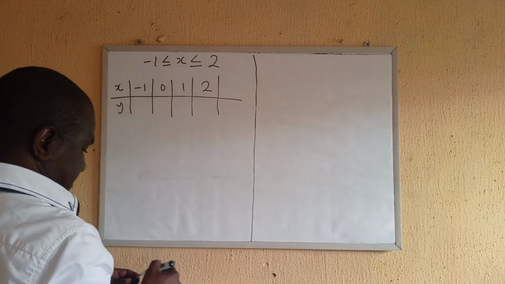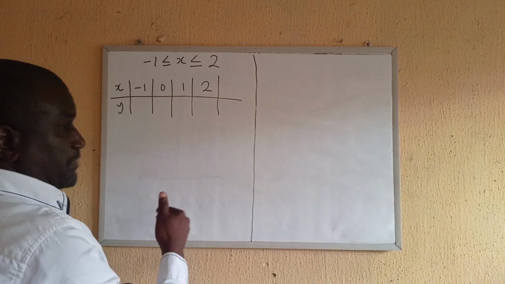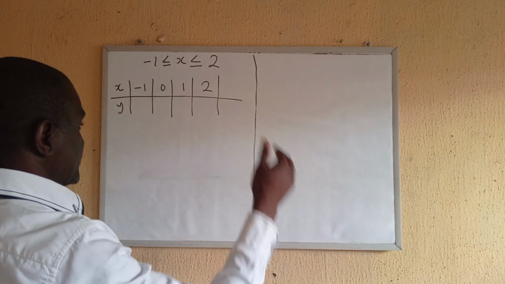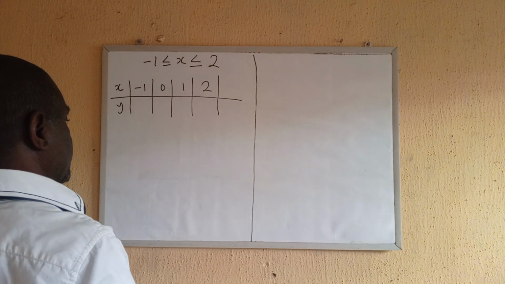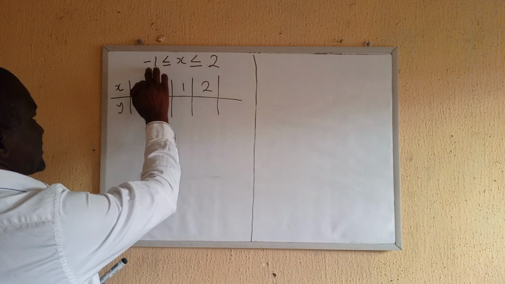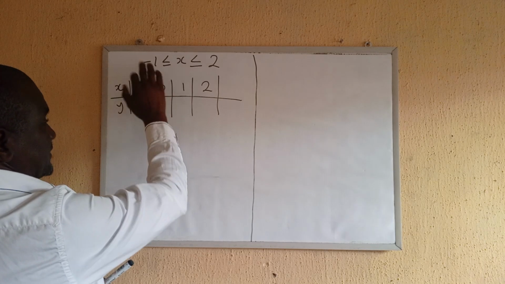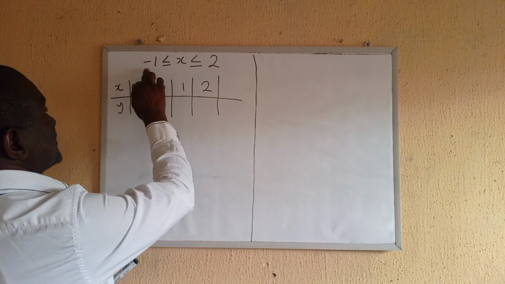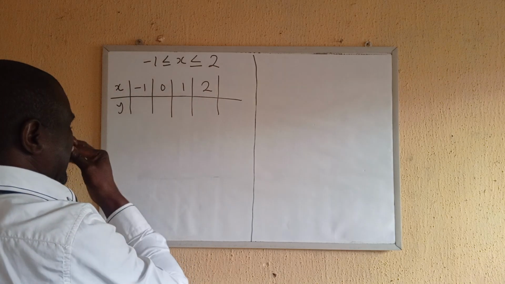It's obtained like in a number line. We know when you have a number line, the middle is 0. To your right, you have 1, 2, 3, and to your left of 0, -1, -2, like that. So this interval covers -1, that is if the numbers are whole numbers, or if the numbers are integers. So we have -1 to 2.